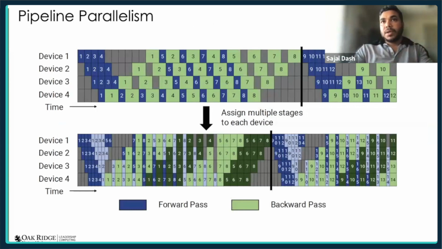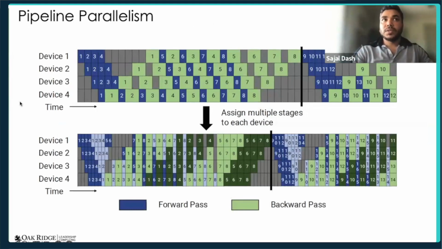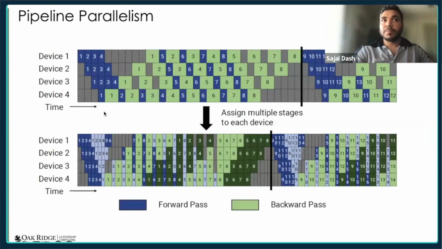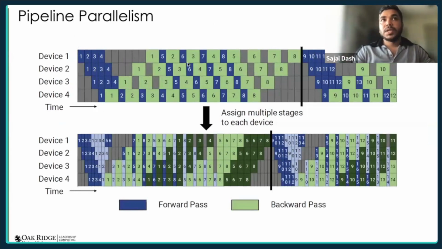So there are better strategies, for example, 1F1B scheduling. Here you first let every pipeline stage see the first micro batch, but then you make sure that every forward micro batch is followed by a backward propagation micro batch. That way, you reduce the bubble size.